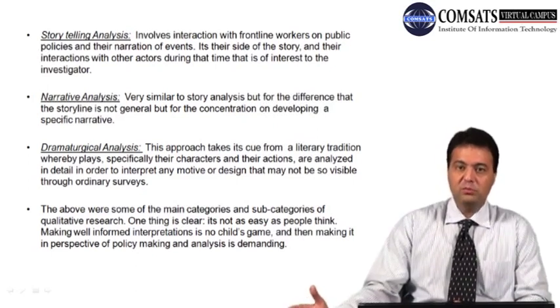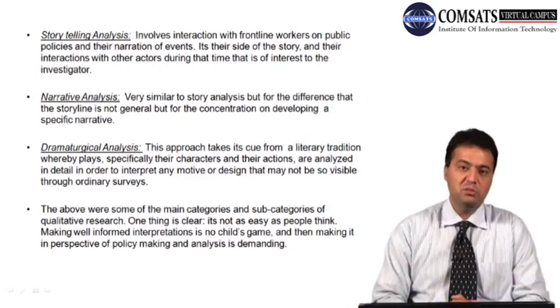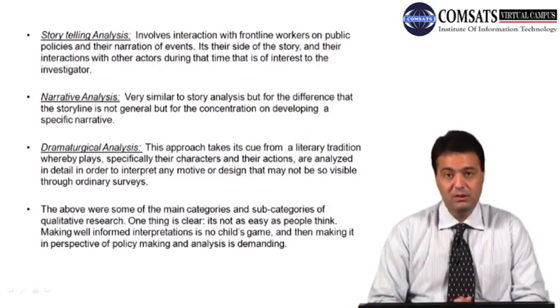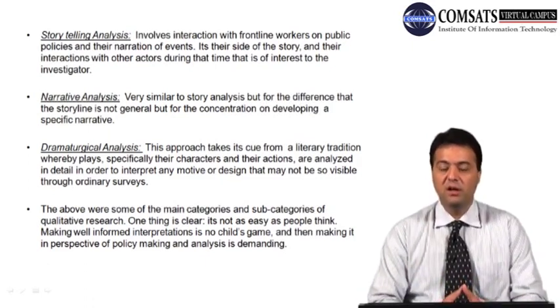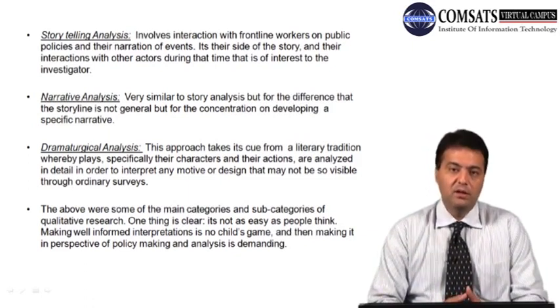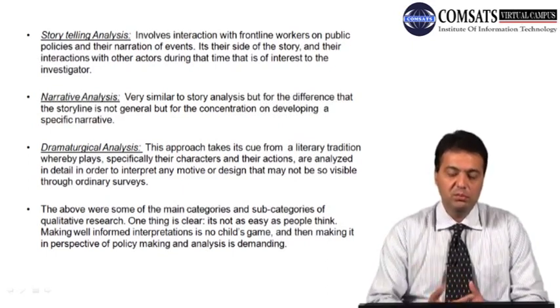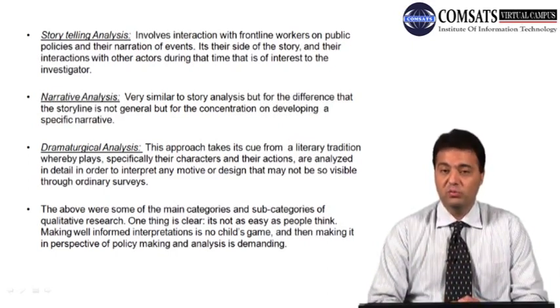Not just the project, but suppose you are doing research on some social phenomenon like crime, then as a good researcher, you should be able to get the perspective of those criminals who have been caught, because they are at the front line. Get them to talk, get them to tell their story, what it was about.